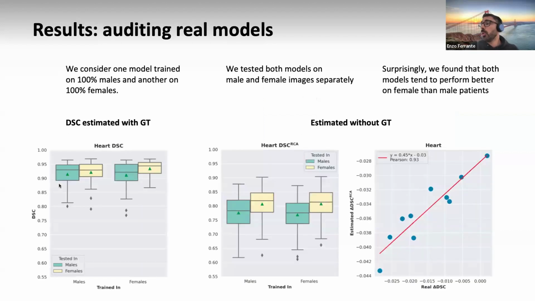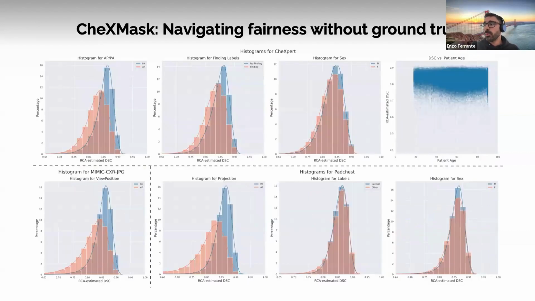And actually, when going to real data sets, we observe the same. Again, I'm not going to get much into the details here, but what we used from this study in our CheXMask paper was, okay, let's look at the distribution of RCA coefficients across different subgroups. For example, when looking at sex here, well, we were not seeing big differences.